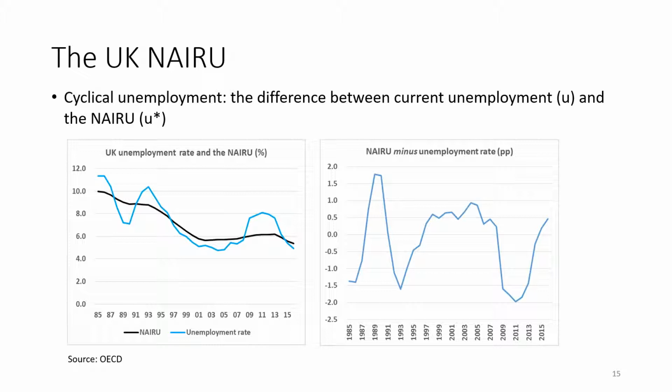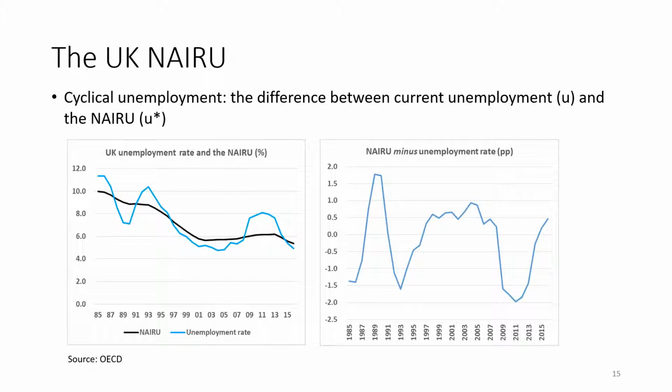The chart on the right hand side shows the cyclical component of unemployment, that is the difference between the actual and the NAIRU rates of unemployment. You'll also notice that the NAIRU itself isn't stable over time. In the UK, it has actually had a tendency to drift downwards over the last 3 decades, and this suggests that the economy can maintain lower unemployment rates without generating an increase in the inflation rate.